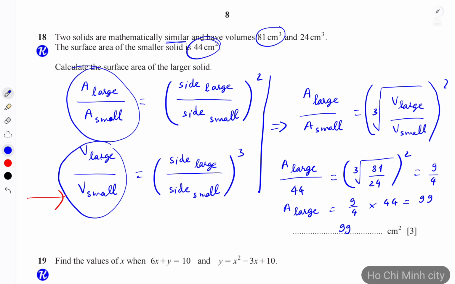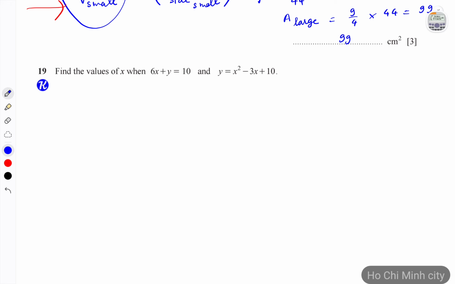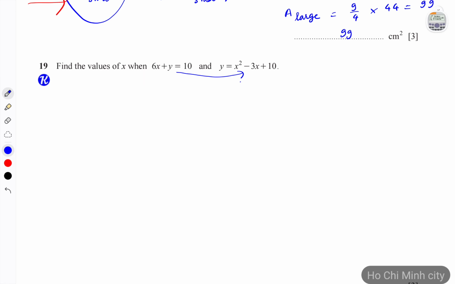All right. The next question. Find the values of x when 6x plus y is 10 and y is equal to this one. So it is very simple. Just plug the values of y into the second equation. From the first equation, we have y is 10 minus 6x.